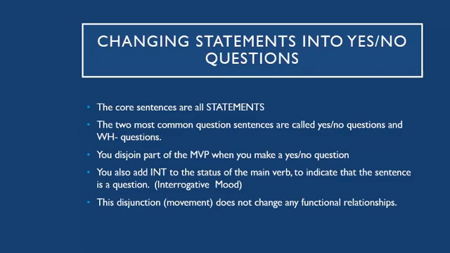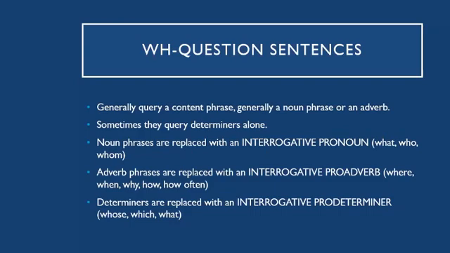Okay. Now, WH question sentences. I remember that you guys were asking about this last class. They generally query a content phrase, all right? Something with content, a what, a who, a where, right? Generally a noun phrase or an adverb.